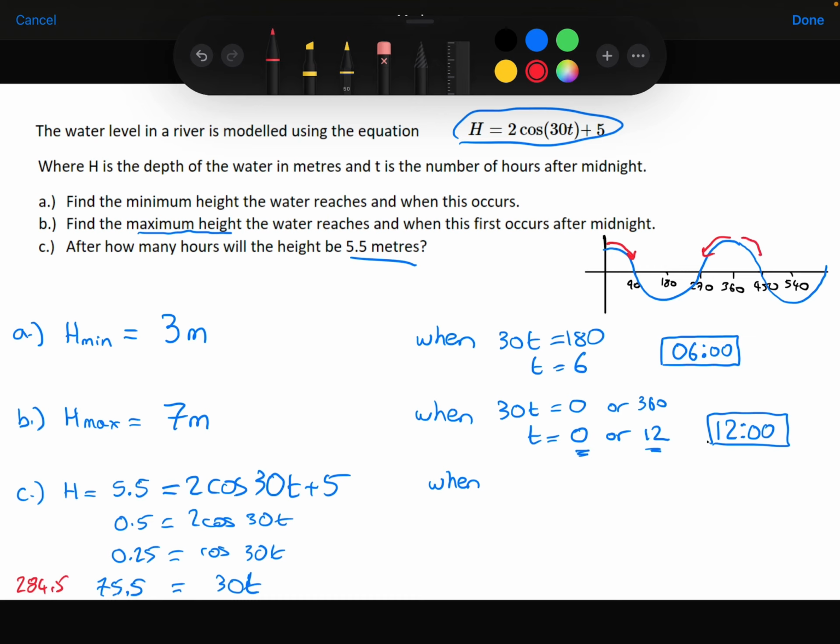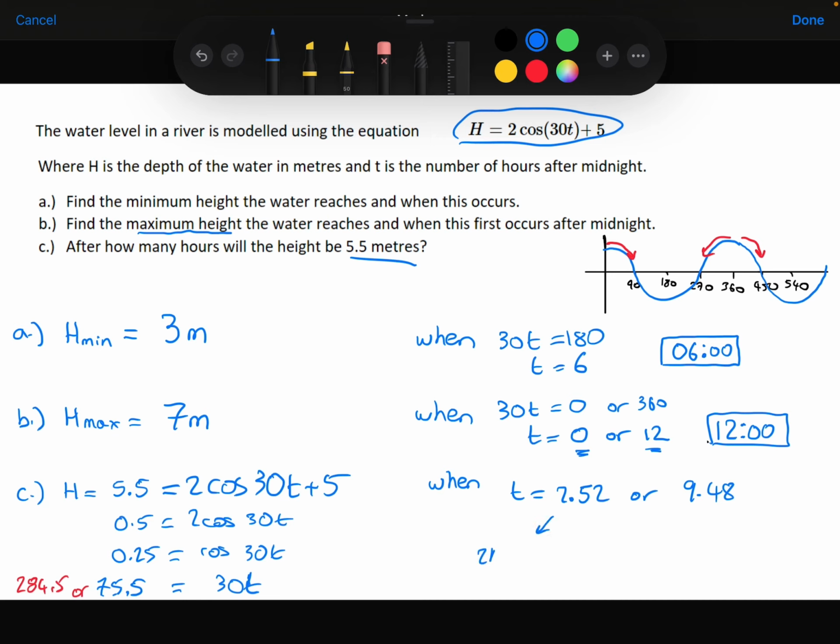There would be another answer at 360 plus 75.5, but I'm just going to give 2 answers here. So I know that 30t has to equal either 75.5 or 284.5. If I divide both of those by 30, I find that t would equal 2.52 or 9.48. Those are the 2 values of t.